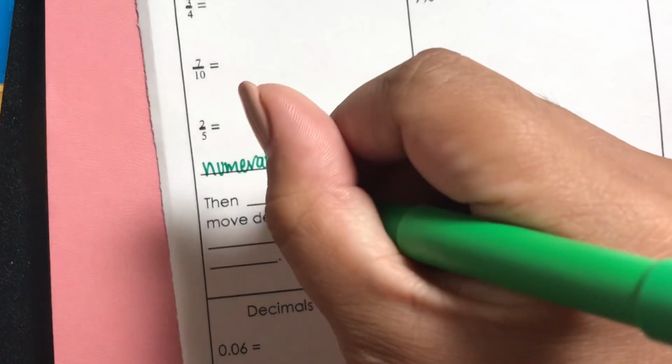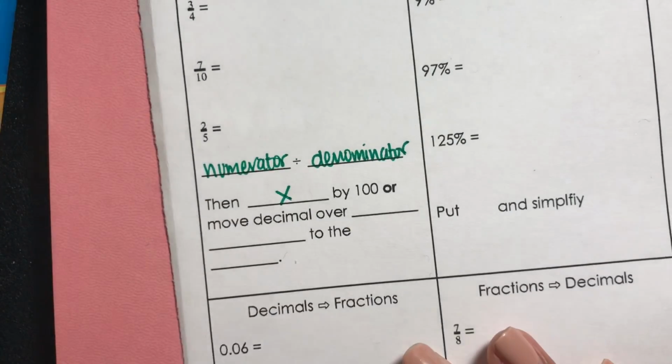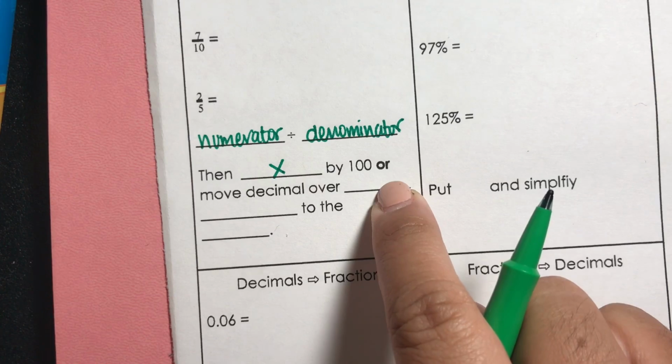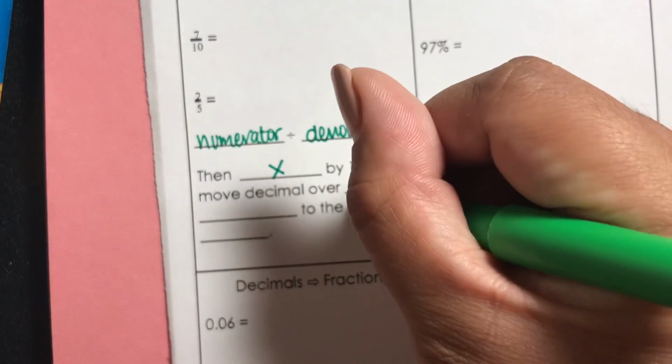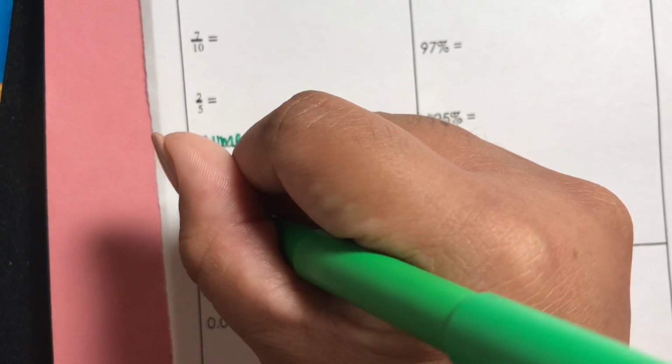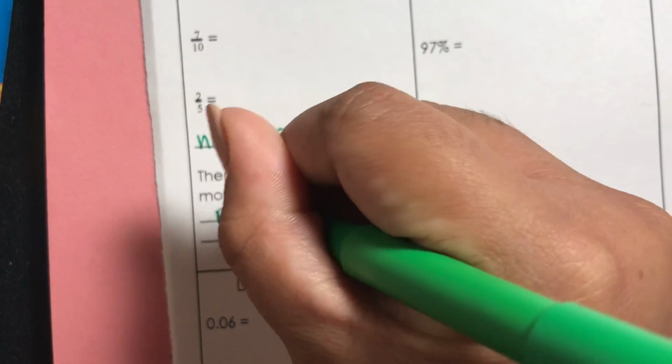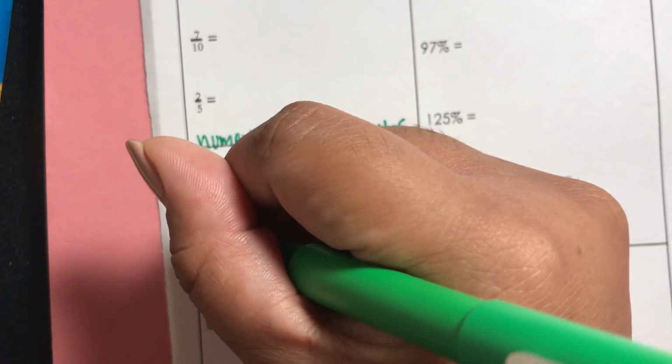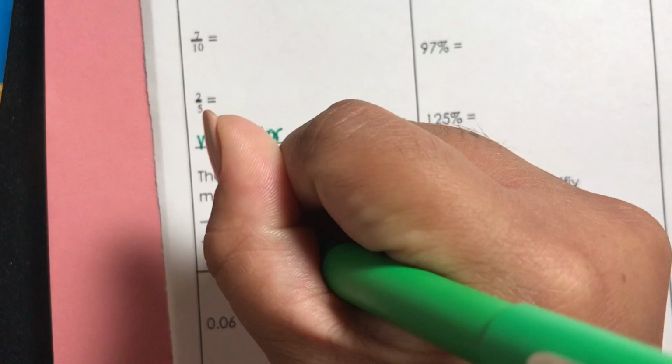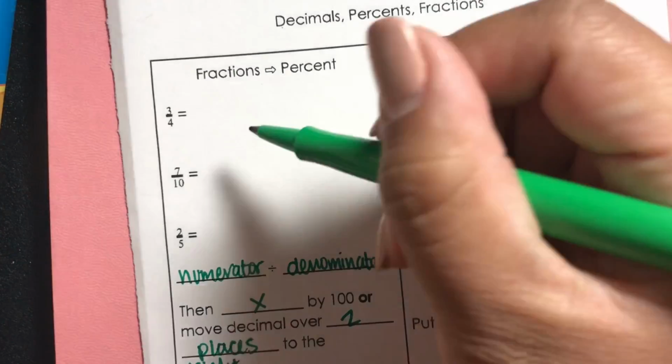Then you have to multiply by 100, which is the same thing as moving the decimal over 2 places to the right. So for example, let's say we have 3/4 here.